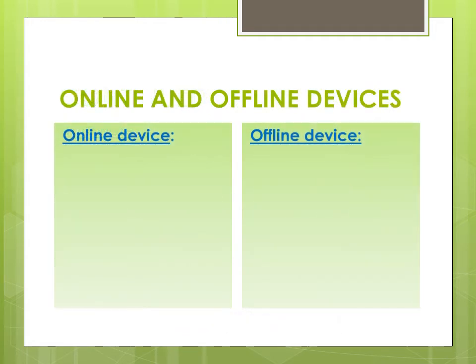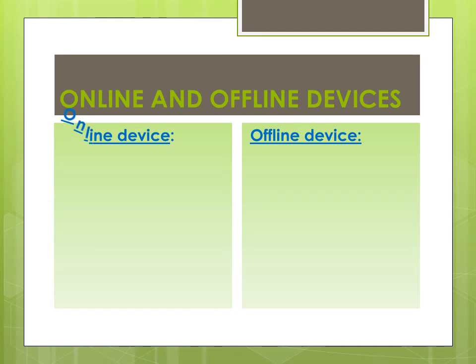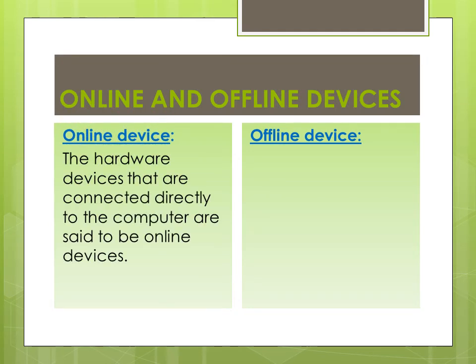Let's go further with online and offline devices. Are you familiar with online and offline devices? Let's talk about these devices. The hardware devices that are connected directly to the computer are said to be online devices. Suppose a keyboard. The keyboard is directly connected to a computer. We can say this is an online device.